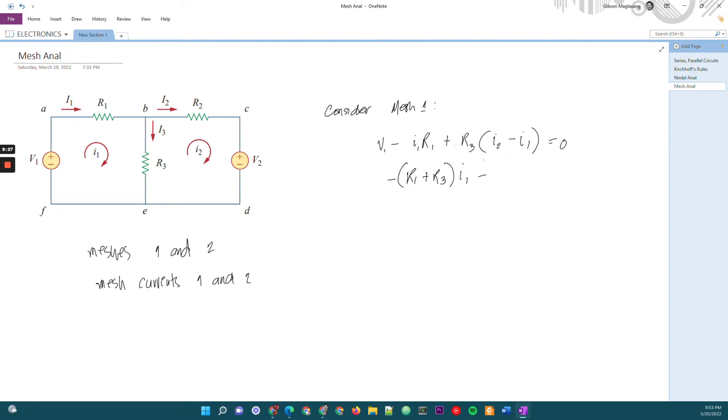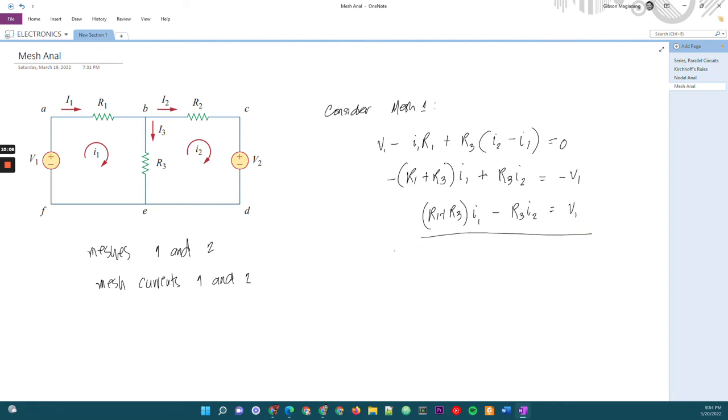And then we have plus R3 I2, and this is equal to negative V1. So we change the sign to make it positive. So we have R1 plus R3, I1, minus R3 I2 equals V1. Okay, so we have this equation from our mesh 1.